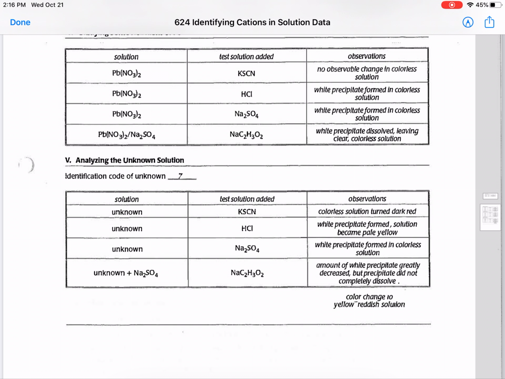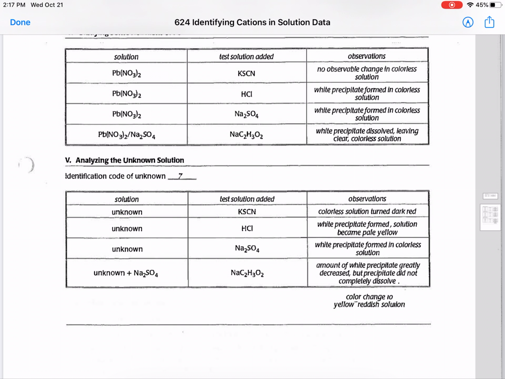Unknown with hydrochloric acid forms a white precipitate and solution became pale yellow. And that could be, remember, lead chloride gives you a white precipitate. So that is an indication that it has lead in it. An unknown with sodium sulfate, white precipitate formed in colorless solution, which is again lead sulfate, barium sulfate, right?